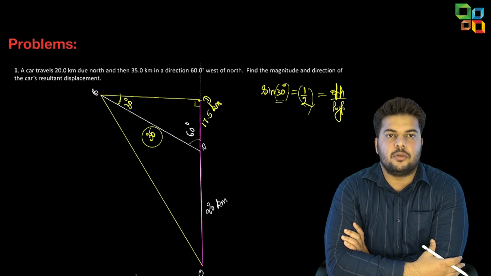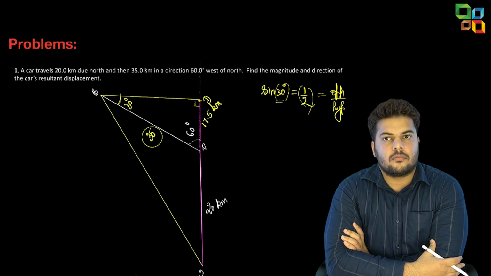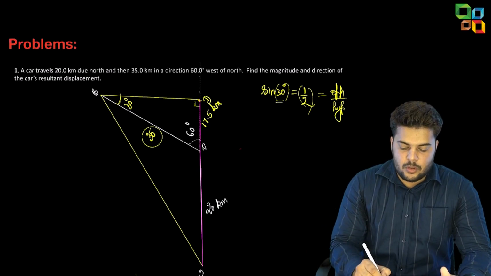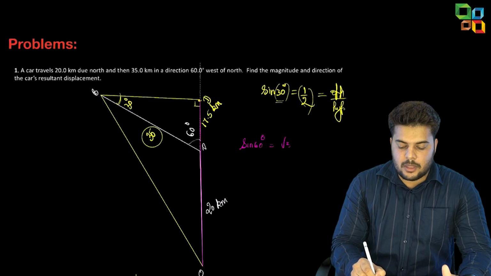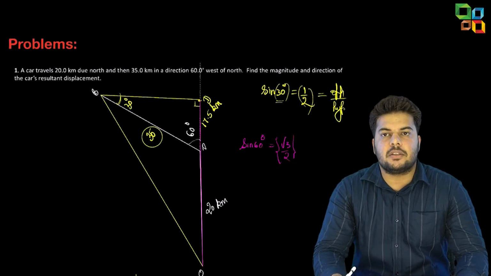We know that sine of 60 degrees is root 3 by 2 in any right angle triangle.